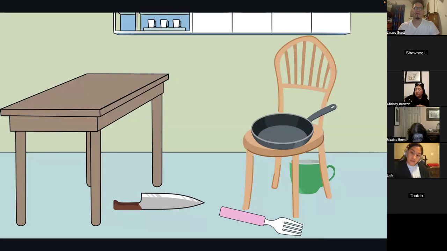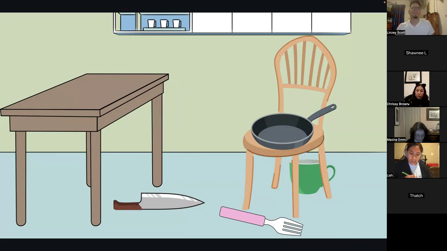And finally, Hano Suwihi. Suwihi. Is it in relation to the chair or the table?